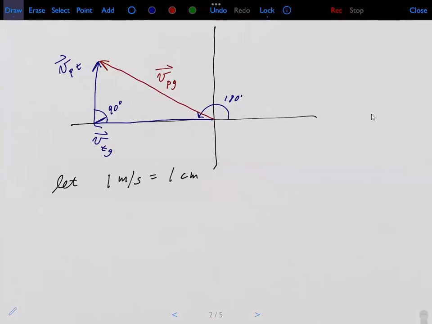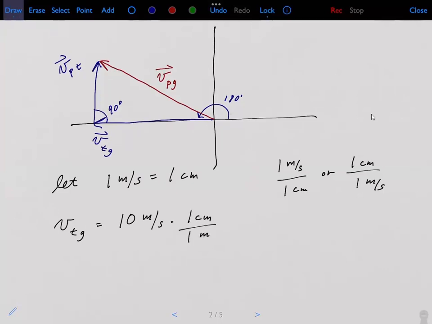So the first one, which is the velocity of the train relative to the ground, that was 10 meters per second. And I need to multiply it, so I have a unit conversion factor here right now. I have either 1 meter per second over 1 centimeter, or 1 centimeter over 1 meter per second. I want to use that second one, right? If I multiply by 1 centimeter over 1 meter per second, then this is going to give me 10 centimeters.